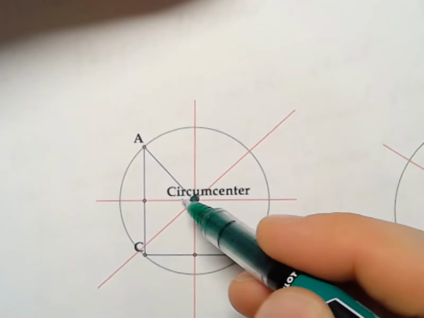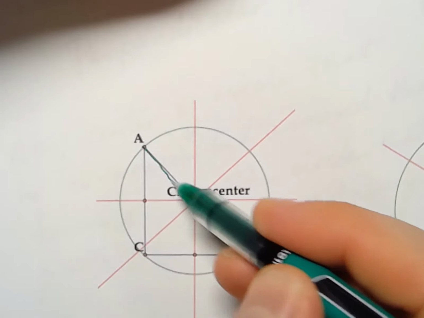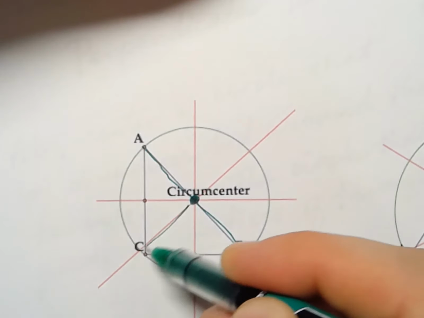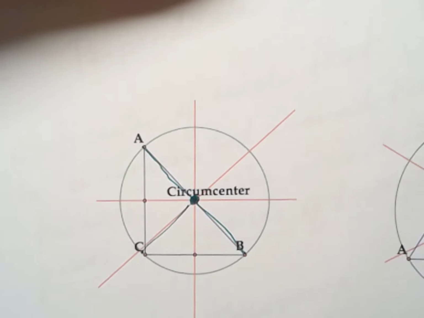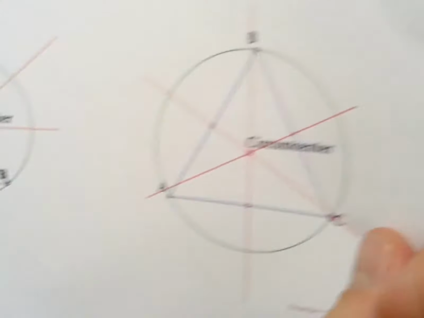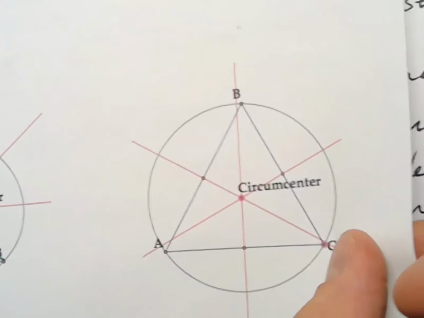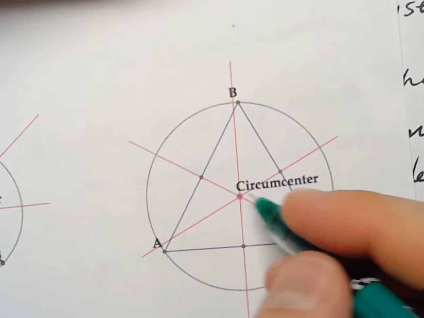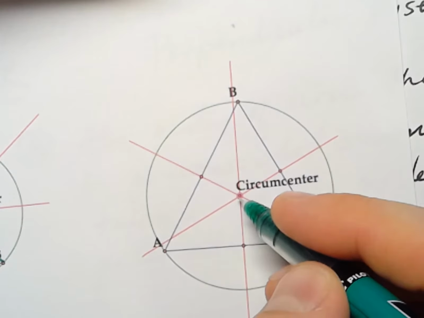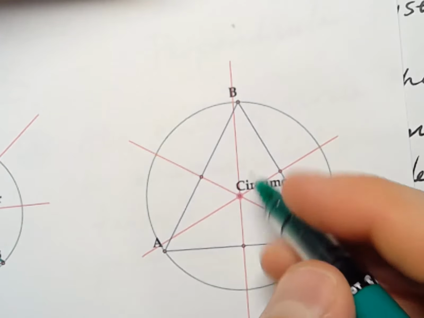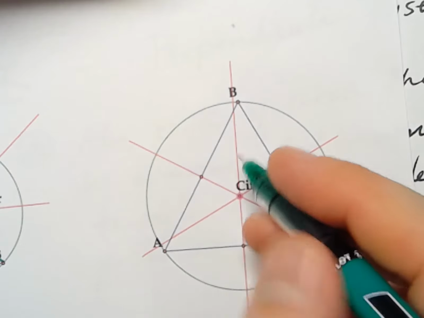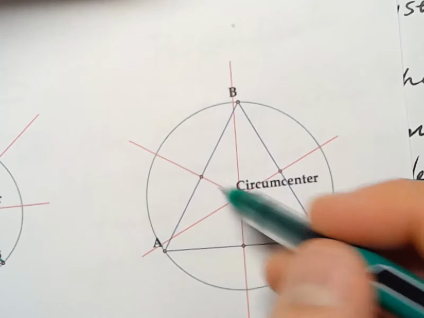But again, you can see that it splits this, so this would be a radius, this would be a radius, this would be a radius. It's equidistant from all three vertices because they're all radii. So for an acute triangle, it's inside the triangle because everything is collapsing in towards the middle here. Okay?